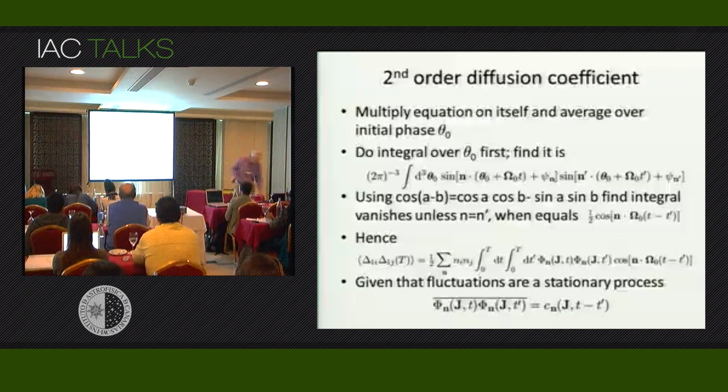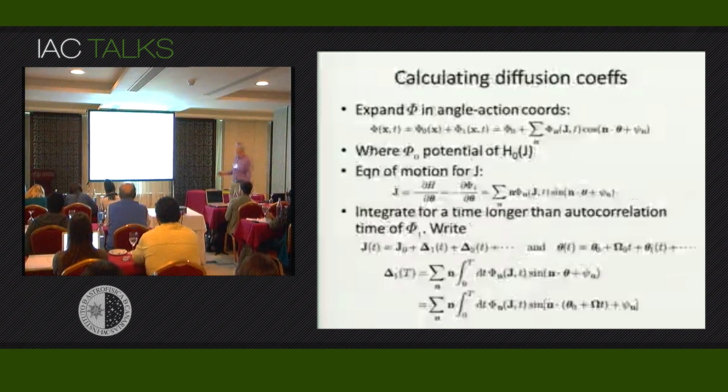And the first average we do is over the initial phases, because I think I said yesterday, when we talked about how resonant islands scattered stars, that the change that an individual star experiences, whether it's trapped by the resonance or scattered over the resonance, is causal. It's not random at all, but it depends on its initial phase with which it encounters the fluctuation. So this theta 0 here is the initial phase of my star, and it varies from star to star.